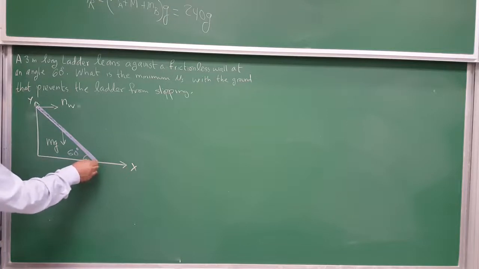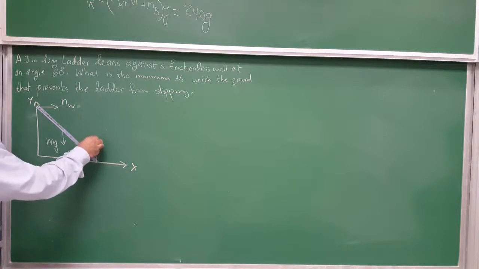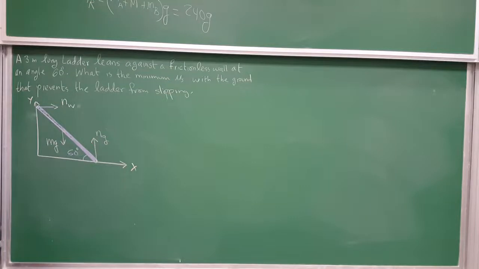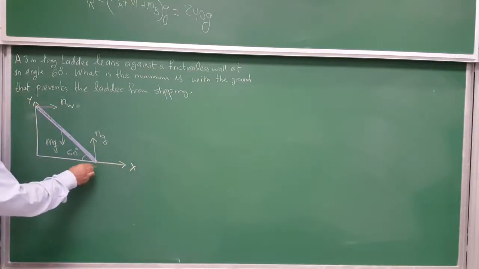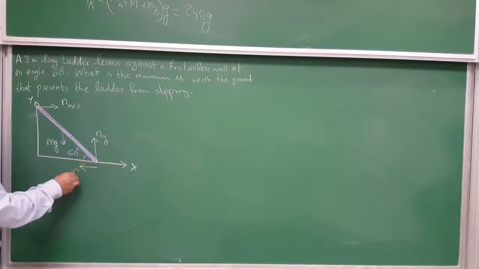The ground will apply a normal force this way, a normal force from the ground. And then what else? The ladder wants to slip this way, so we need the force of static friction this way, which makes sense.